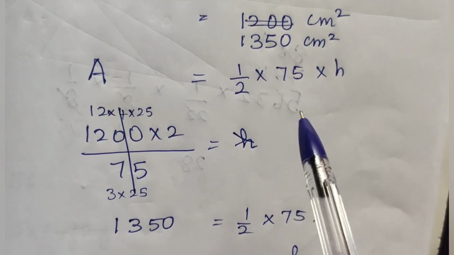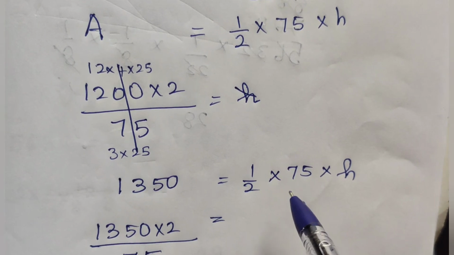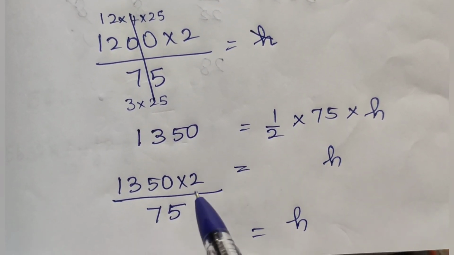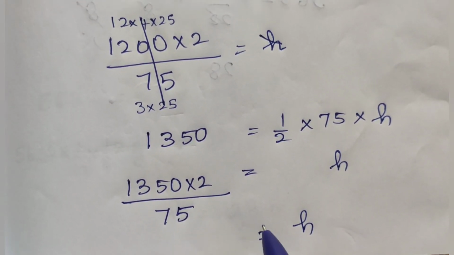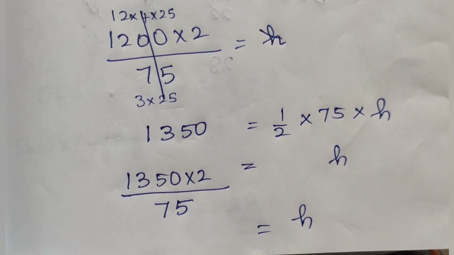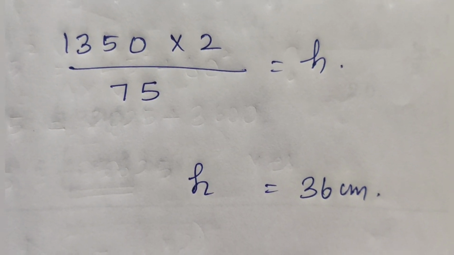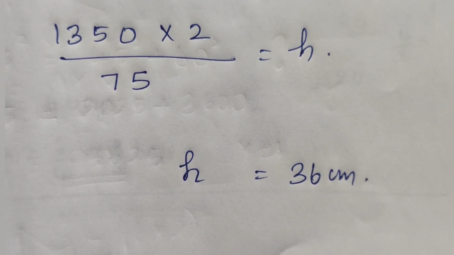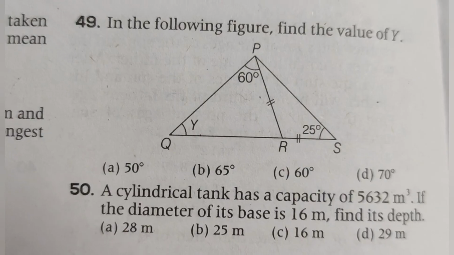I already got the area as 1350, so 1350 equals half into 75 into h. So h is equal to 1350 into 2 divided by 75. On cancelling out, I get height is equal to 36 centimeter. So the height drawn from the opposite vertex to the longest side of the triangle is 36 centimeter.